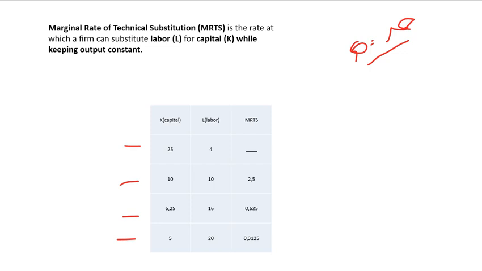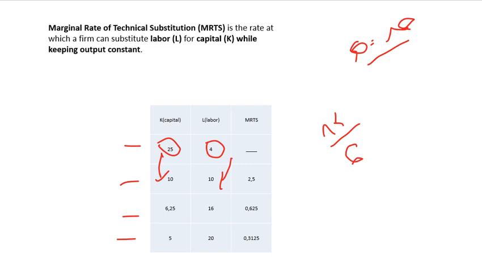For example, here we have 25 units of capital and 4 units of labor. To move to the second combination, the firm is willing to give up 15 units of capital to get 6 more units of labor, which means 15.